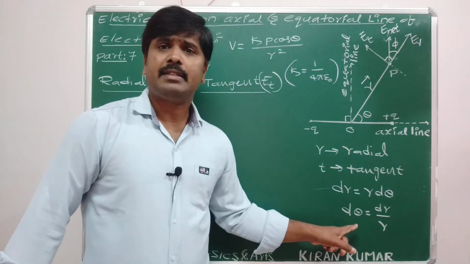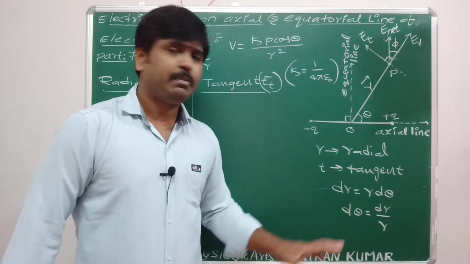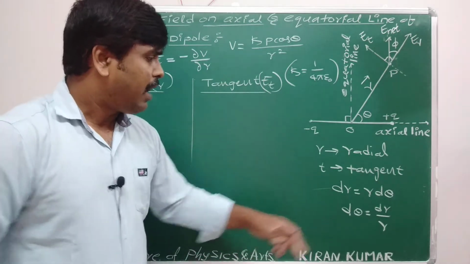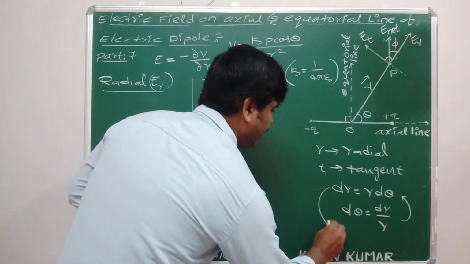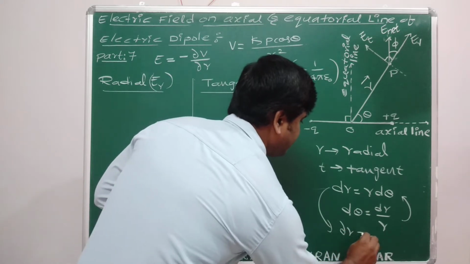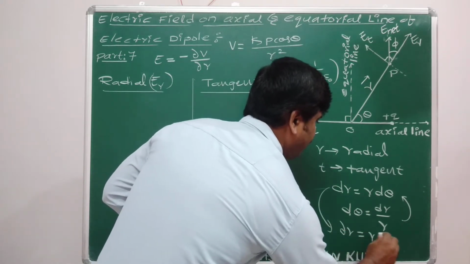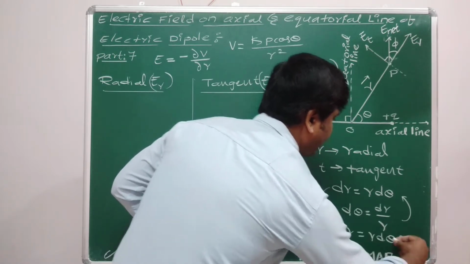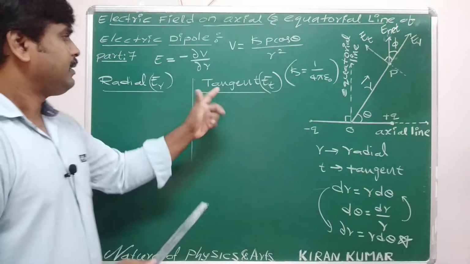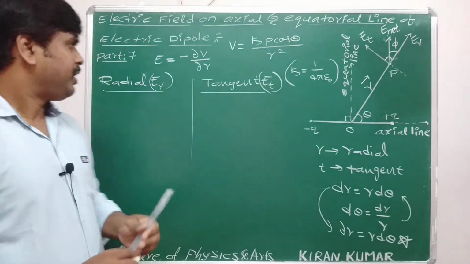So d theta is the small angular displacement. So from this formula I wrote dou r which is equal to r into d theta. I will use this formula in the tangential value step by step.